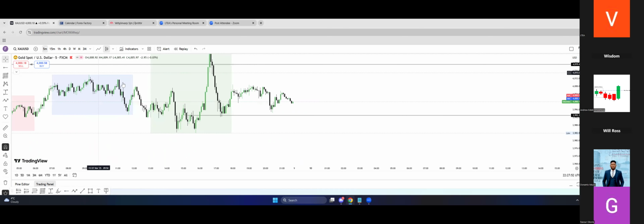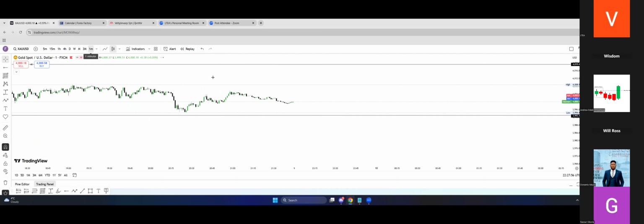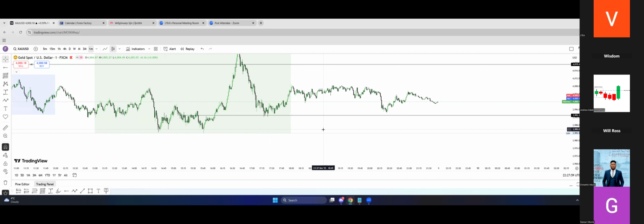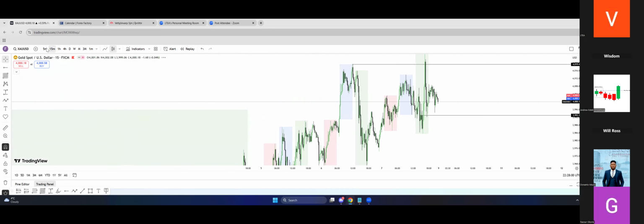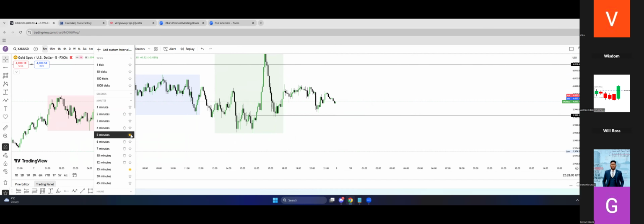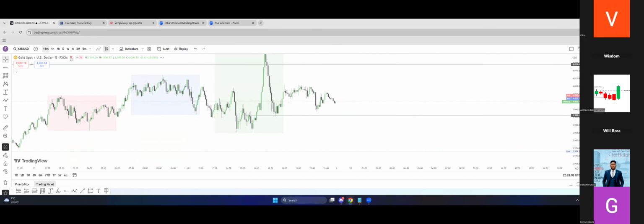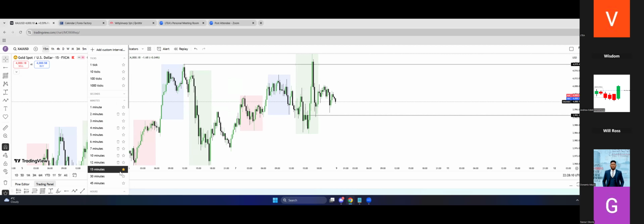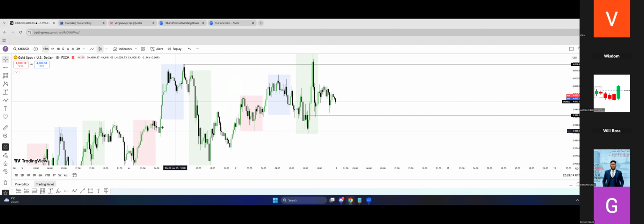Maybe price is just sweeping the high of the 4 hour. I go to 15 minutes, I don't see anything. Go to 5 minutes, I don't see anything. If I go to 1 minute, I'll be seeing different shifts, and I'm like, yes, price will not come back higher again, but the noise is too much. Then I lose my confidence.